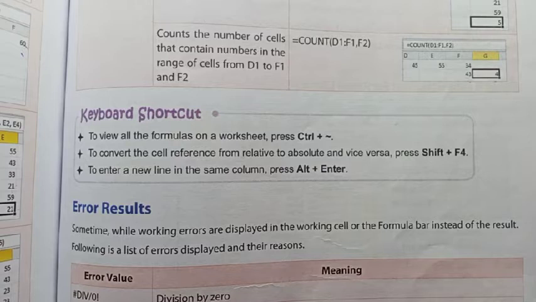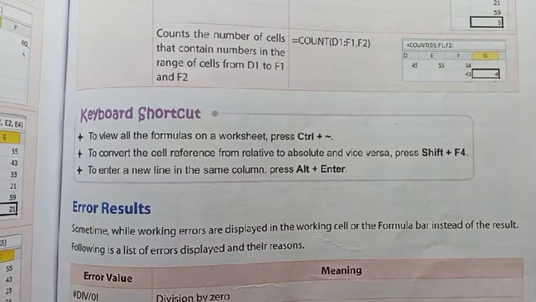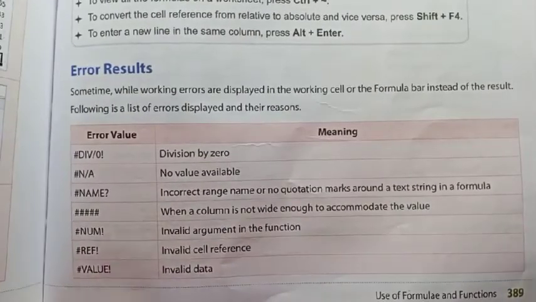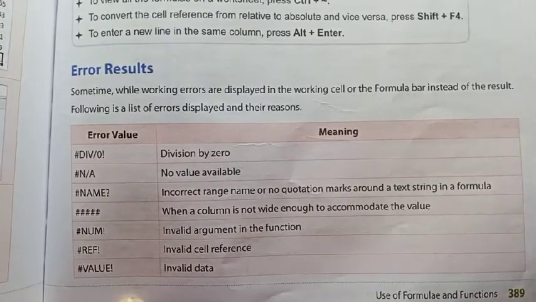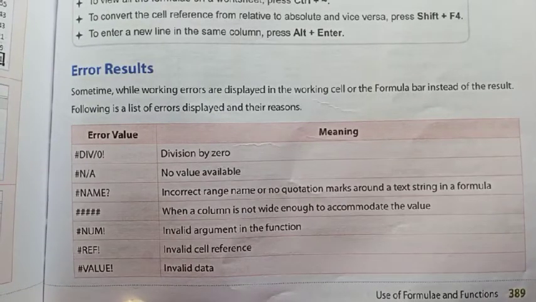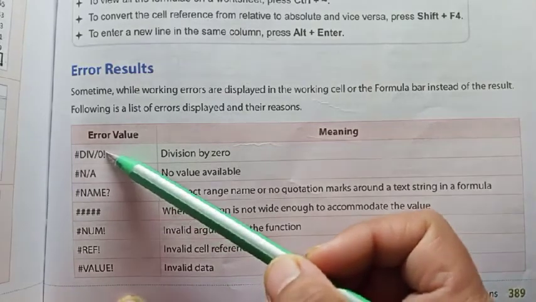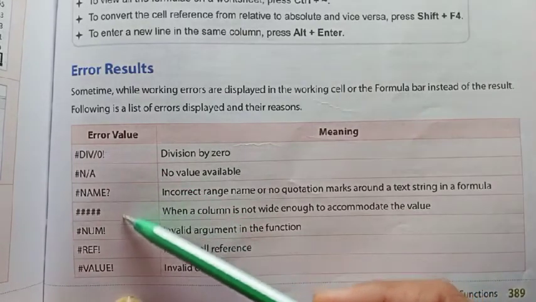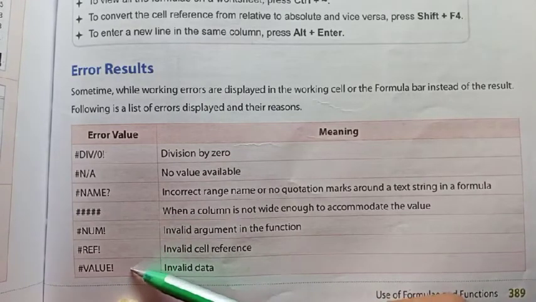Whenever we get any value which is not understood by us, we are going to talk about what it actually means. These are some common errors that we find sometimes when we work in Excel. In place of the answer, we are getting such messages in the columns or in our rows.